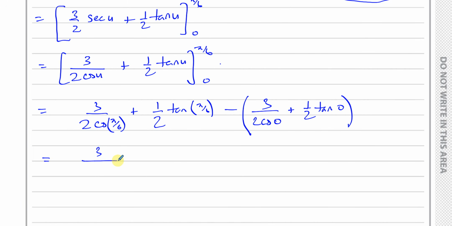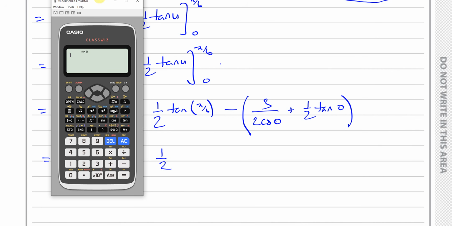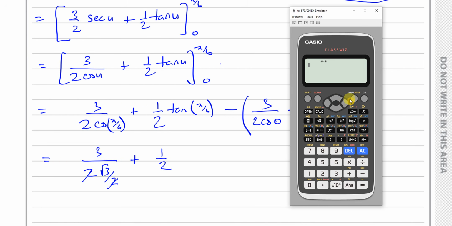So you have 3 over 2 times root 3 over 2. Those will cancel, so it's 3 over root 3 plus 1 over 2 times the tan of pi over 6. You can just work that out. Let's change this to radian mode.